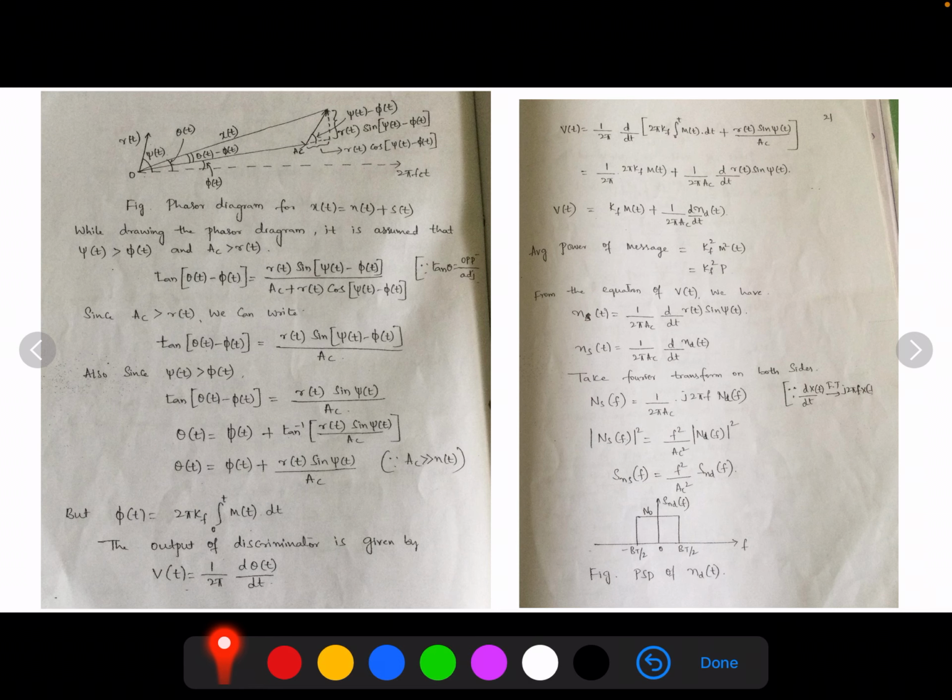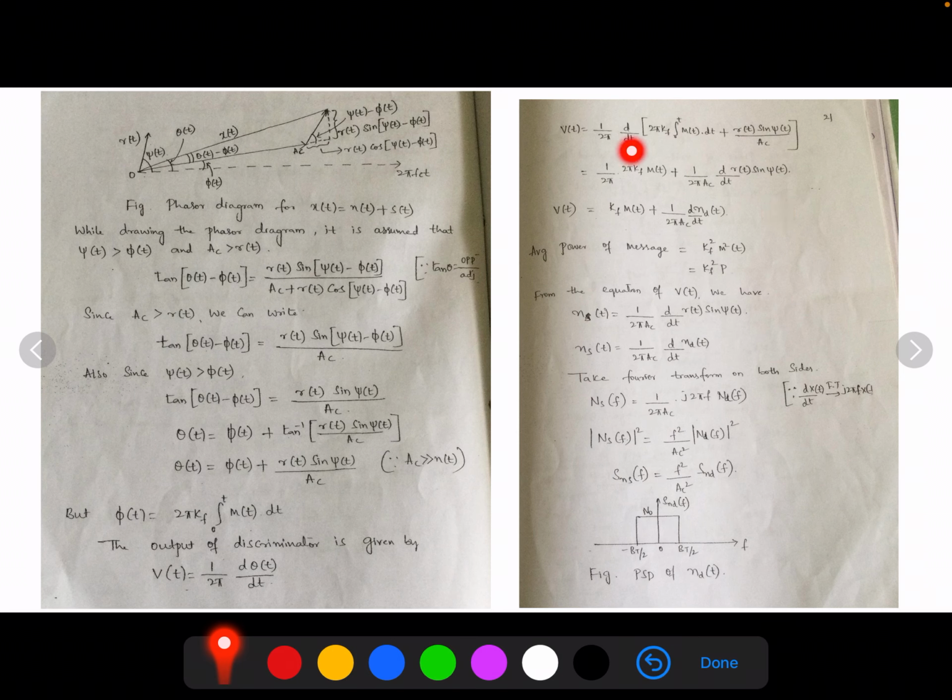Now we will do the simplification. 1 over 2 pi differentiation of 2 pi kf into integral of m of t dt. Integration and differentiation are there, so it gets cancelled out. It is 2 pi kf into m of t plus the differentiation of this term, 1 over 2 pi into AC d by dt of r of t sine psi of t.